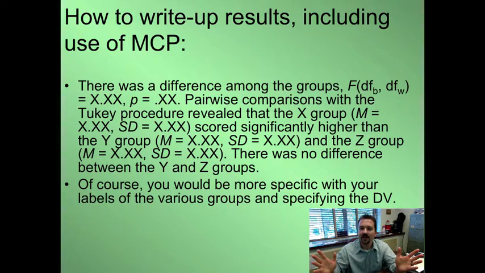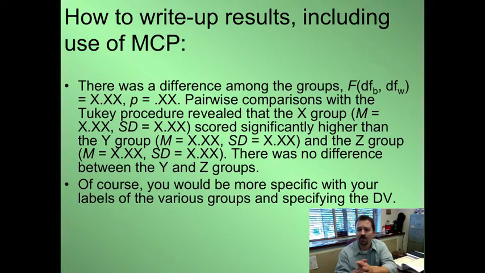Whenever you find a significant F value, your obtained F larger than your critical F, you reject your null hypothesis. You have p less than 0.05. You immediately then need to move into the territory of MCPs to find out what exactly is going on, which group is better than which other group.